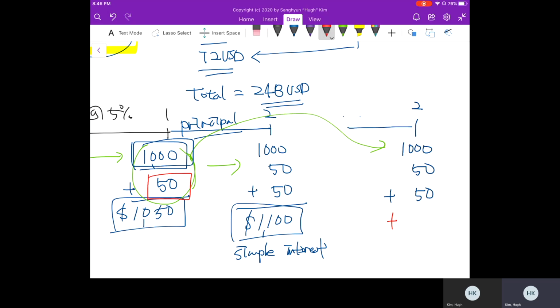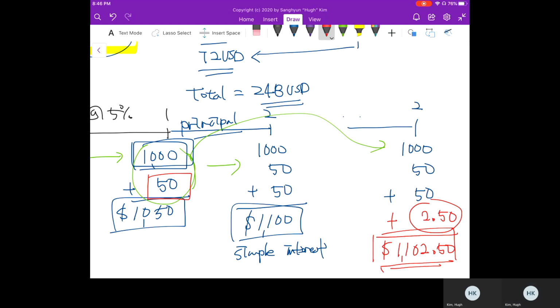So you earn 5% on $50. So you earn the extra $2.50. So you're going to have $1,102.50 using compound interest. So using compound interest, you earn interest on interest. Whereas with simple interest, you only earn interest on your principal.